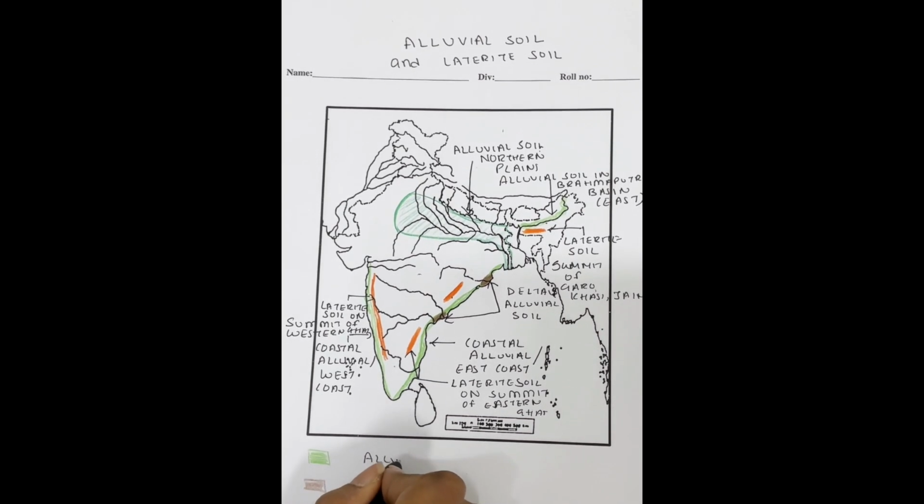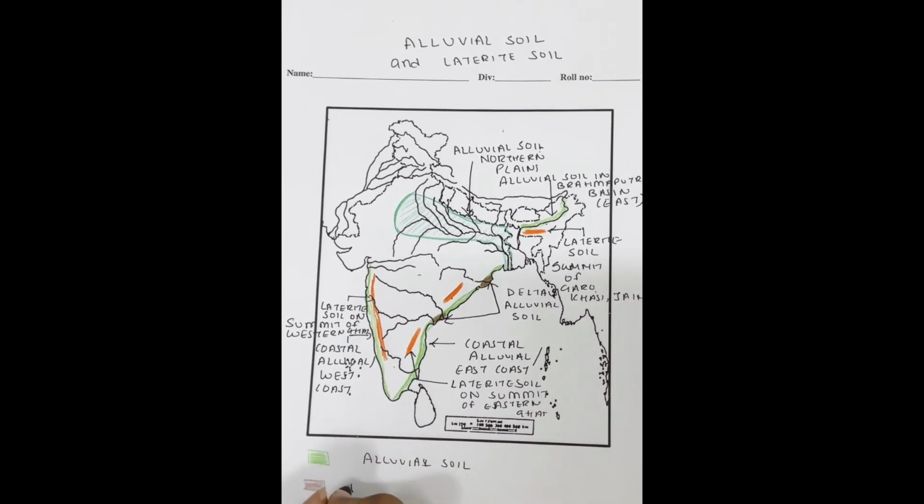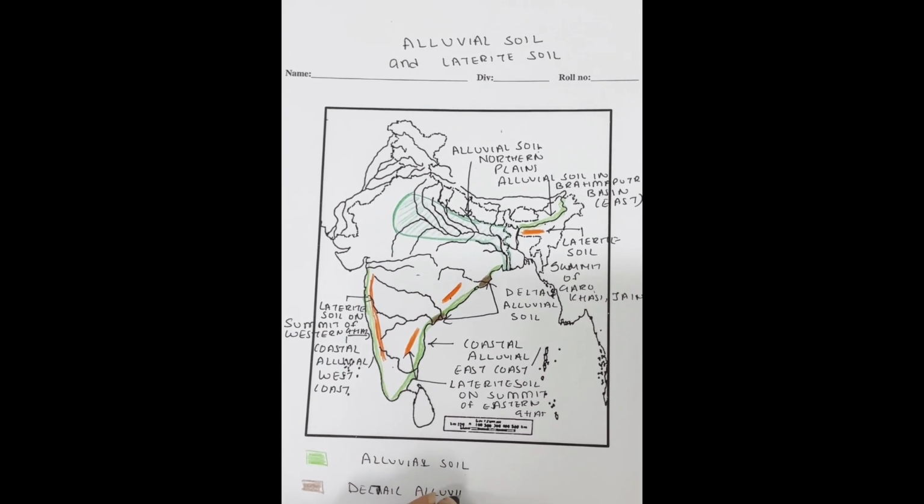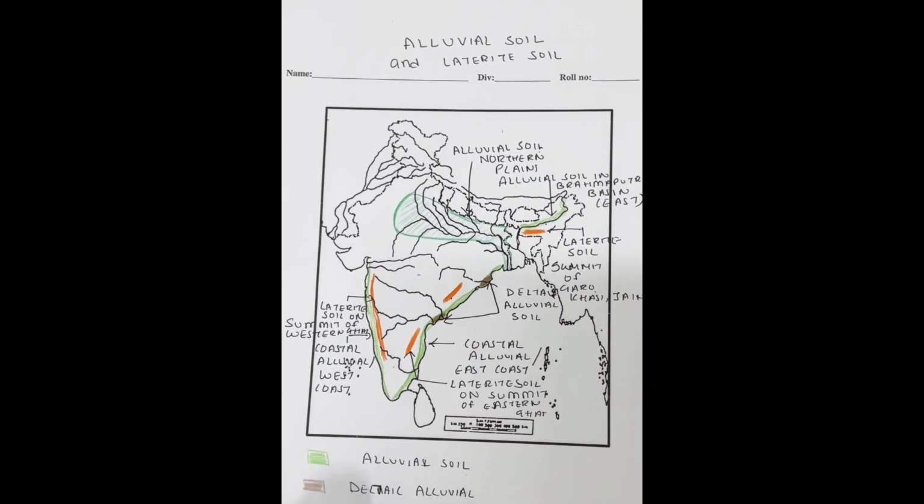This is alluvial soil. This is deltaic alluvial. And this is laterite.